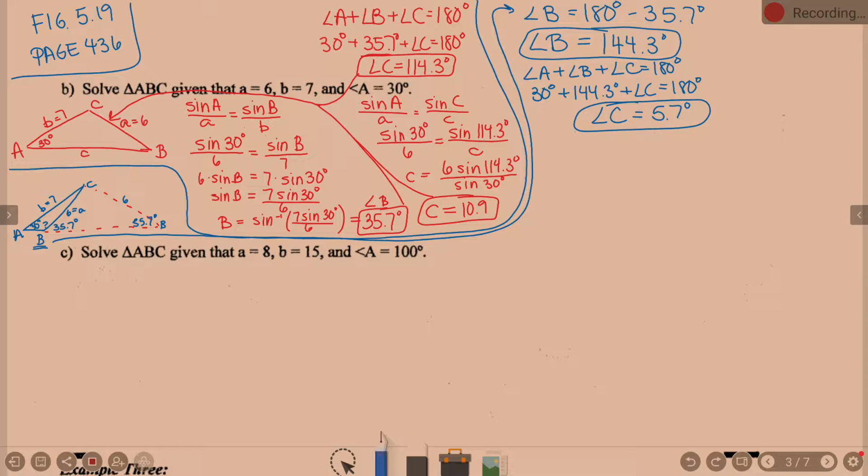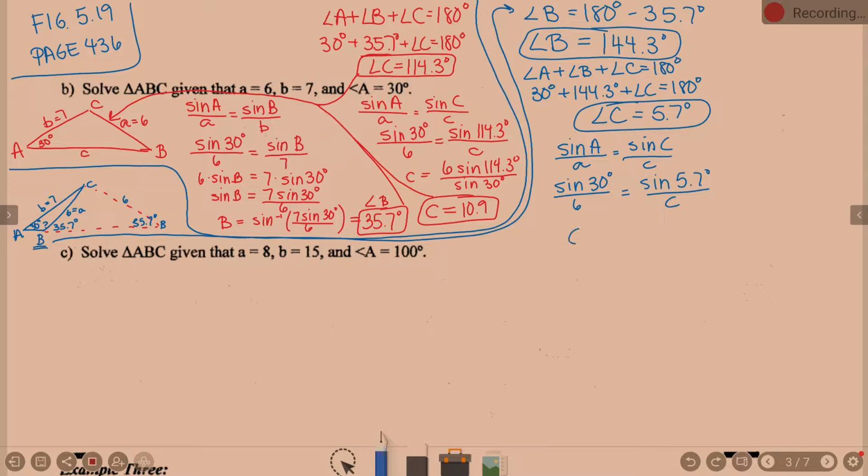So I am going to say sine of A over A equals sine of C over C. So sine of 30 degrees over 6 is going to be sine of 5.7 degrees over C. Cross products and divide, right?